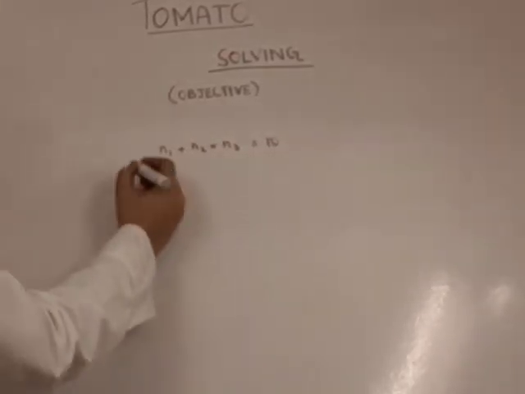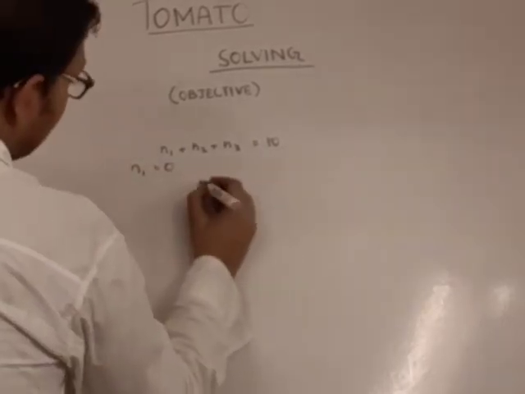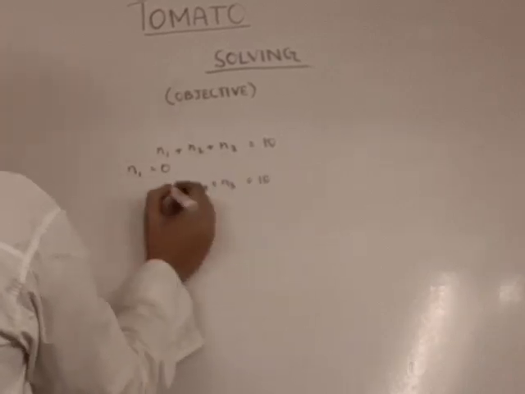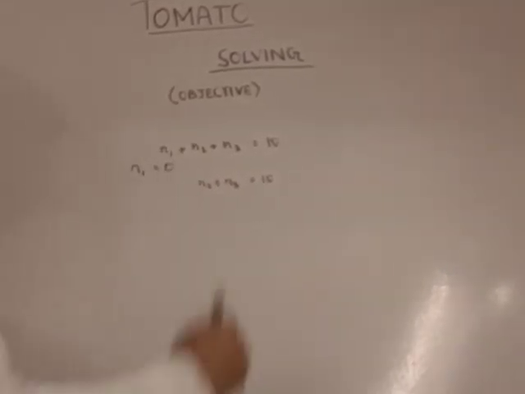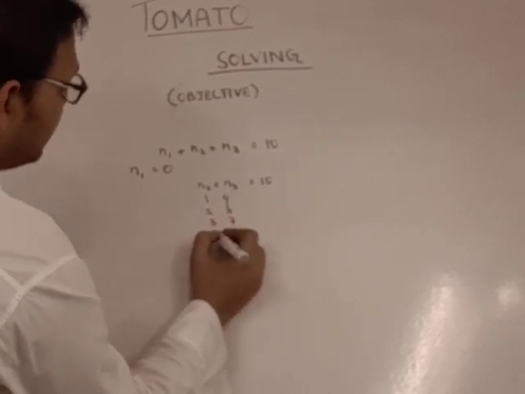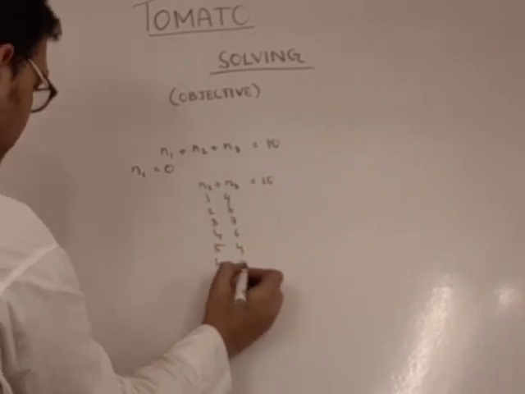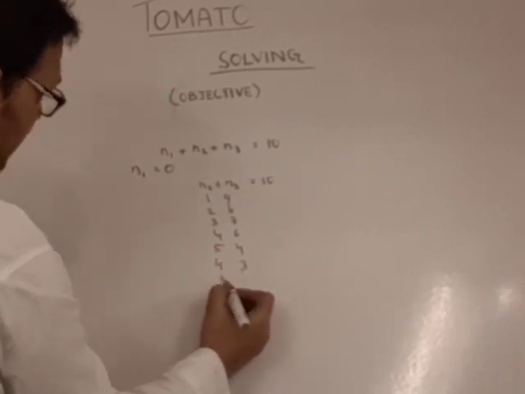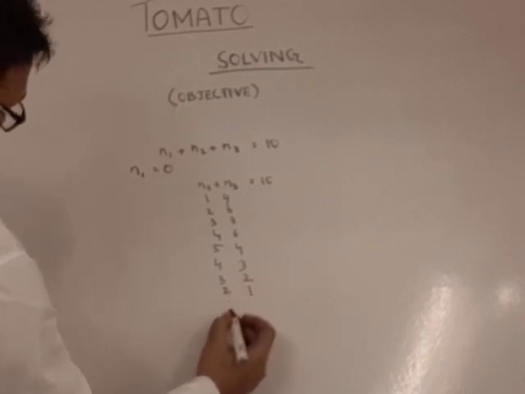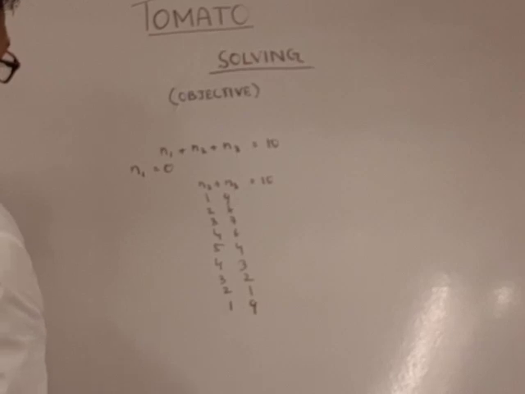Let's take n1 equals 0. Then the equation becomes n2 plus n3 equals 10. If n1 equals 0, then the solutions are 1, 9; 2, 8; 3, 7; 4, 6; 5, 5; 6, 4; 7, 3; 8, 2; 9, 1.